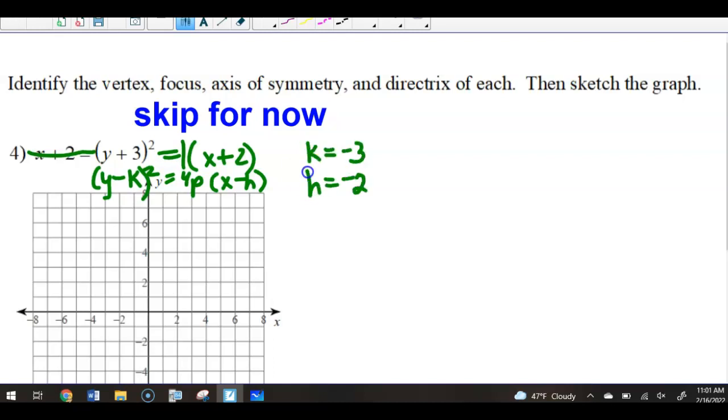H would be negative 2. 4p would still be 1 on this one, so p is 1/4. It's positive. It does have a y squared, so therefore it is going to open left or right. And this one is positive p-value, so it's going to open to the right.